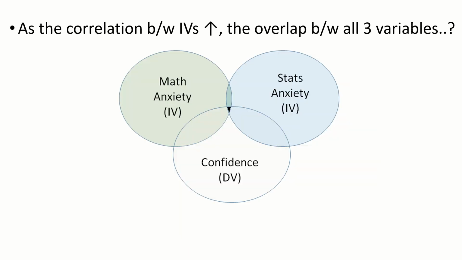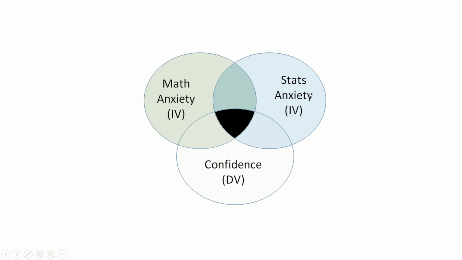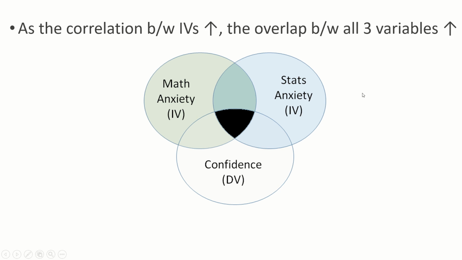As the correlation between the independent variables increases, what happens to the overlap between all three variables, this black portion where all three variables overlap? The overlap gets bigger.